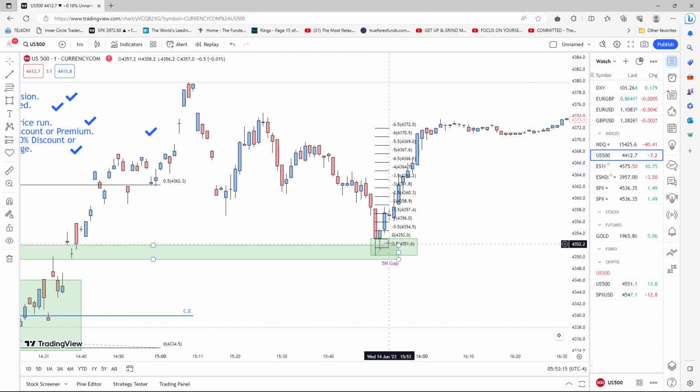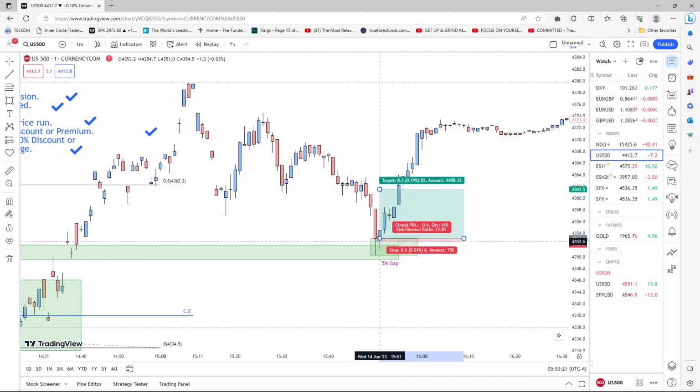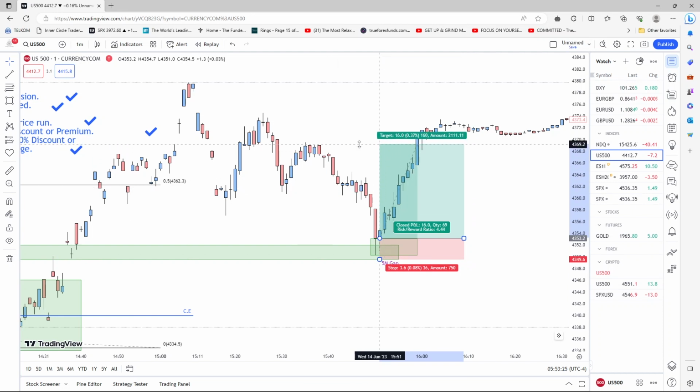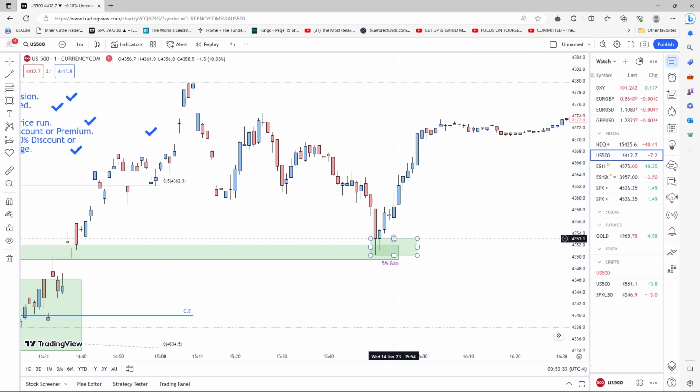So that would be another entry point right there, and the stop would be below the 5-minute gap. Again, take profit points above the highs. So that would be a rejection block entry specifically.